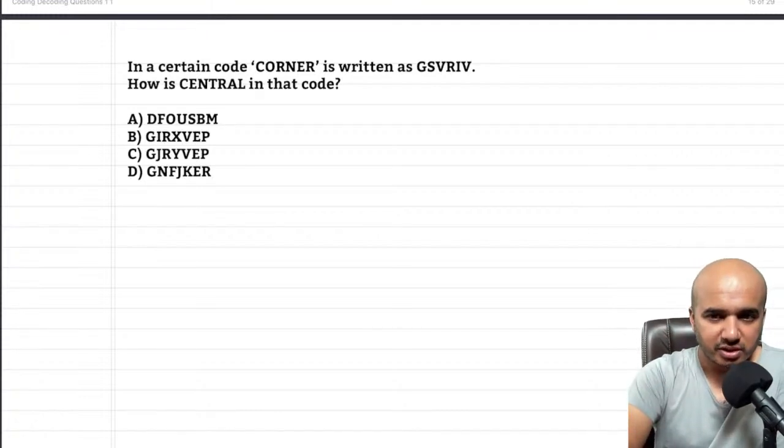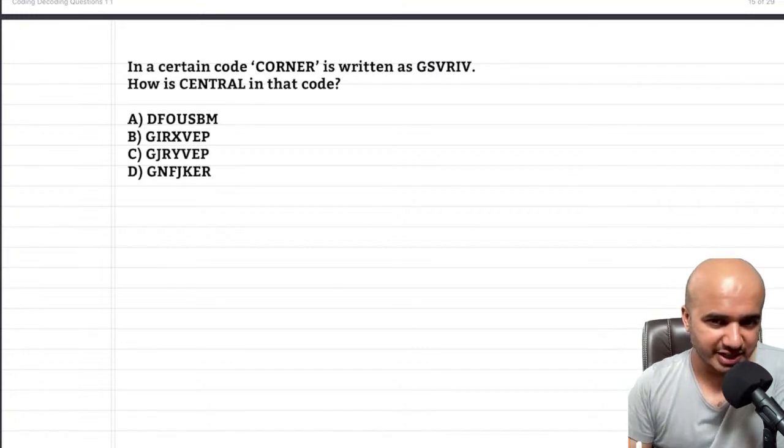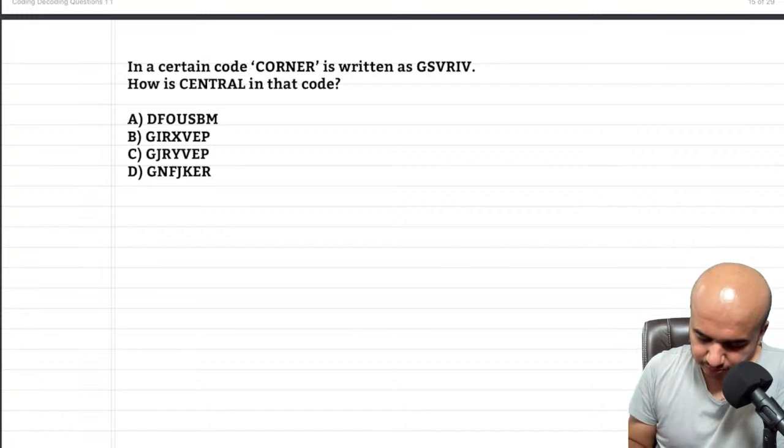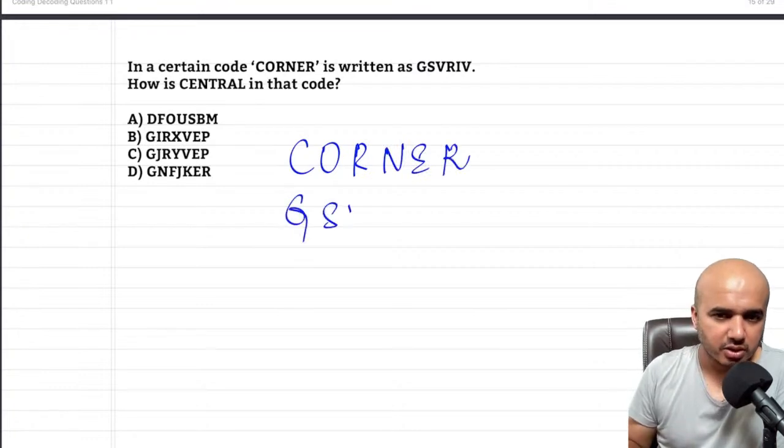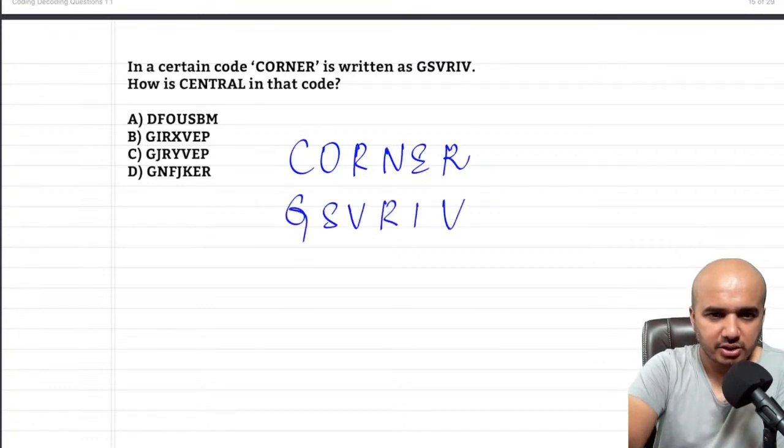Let's move on to the next one, wherein they say corner is written as GSVRIV. So now how do we decode?